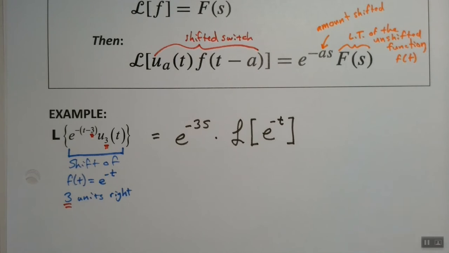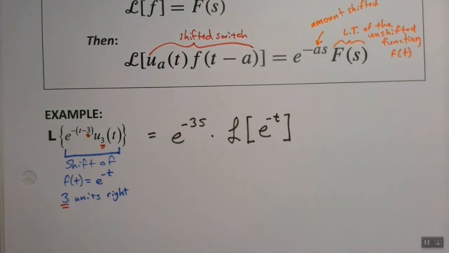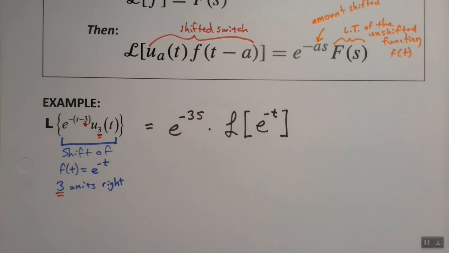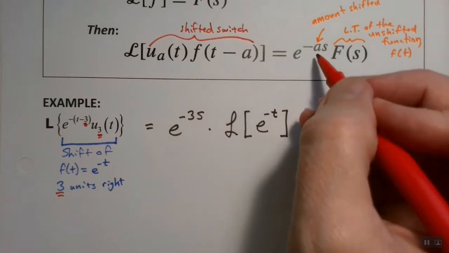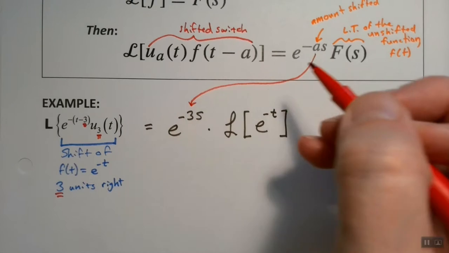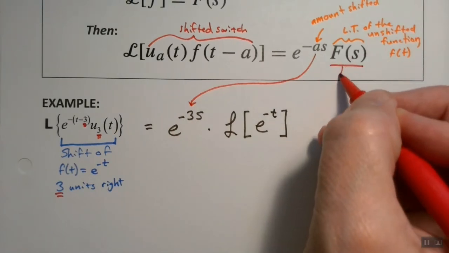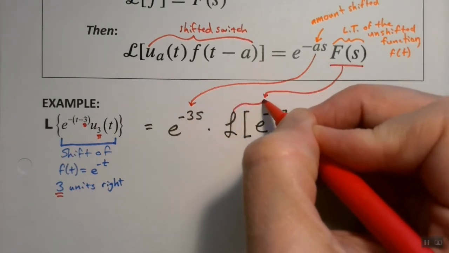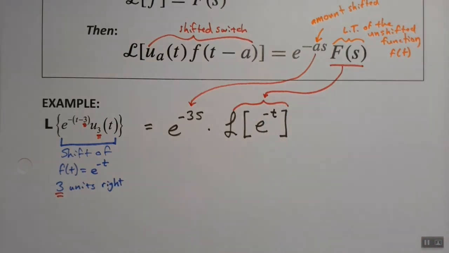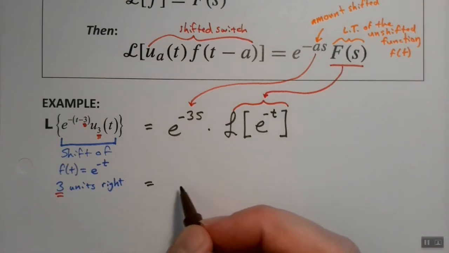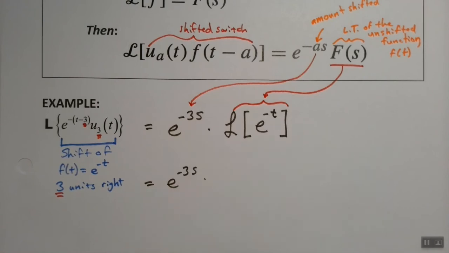Here, I'm going to use a different color so it shows up a little bit better. The a value is right there, 3, and this corresponds to the Laplace transform of e to the negative t. And of course, the Laplace transform of e to the negative t is not terribly complicated. We can just hop back over to our Laplace tables. Oh, I've got it right here.